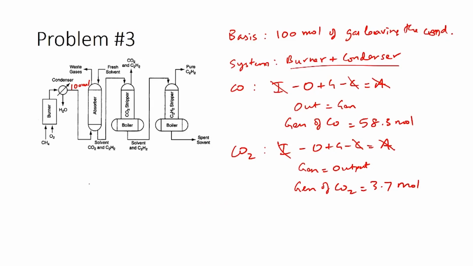Similarly, we can write an acetylene balance, the C2H2 balance would again be input minus output plus generation minus consumption equals accumulation. Accumulation, consumption and input go to 0. So, it becomes generation equals output, and using the composition of gases leaving, we know 8.5 moles of acetylene is leaving, which means that is the number of moles of acetylene which is generated in the burner.